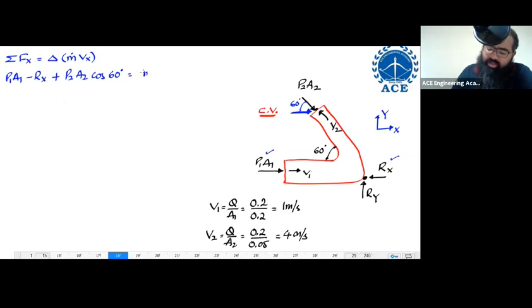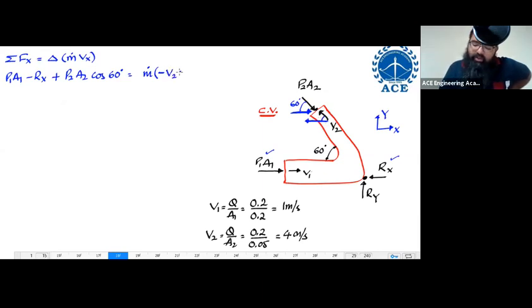So it is m dot into, now look over here carefully. Velocity in x final basically is, this is my final section. The component of velocity in x over here is in this direction. Look at the diagram. The component of velocity in x is in this direction. So I'm going to have velocity in x final negative first of all, multiplied by V2 cos 60.